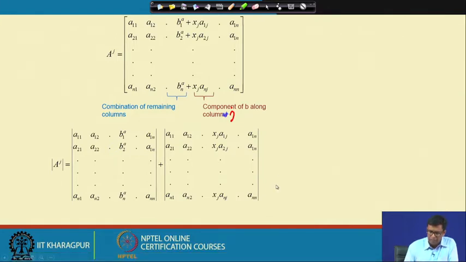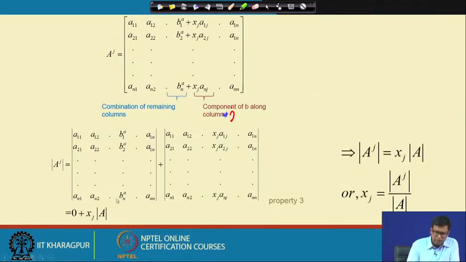This is property 3 which we discussed in the properties of determinants. The first part is a linear combination of all other columns in this matrix, so the determinant must be 0, and we have seen it earlier. And the right hand side is the multiplication of xj with one particular column.